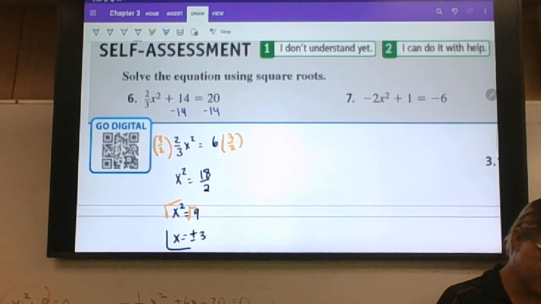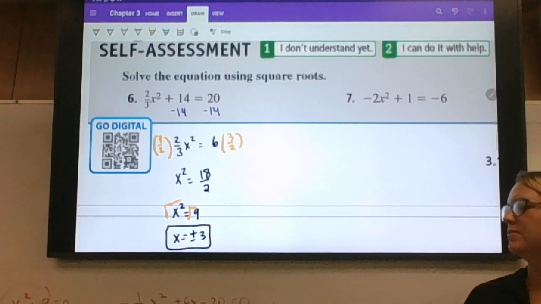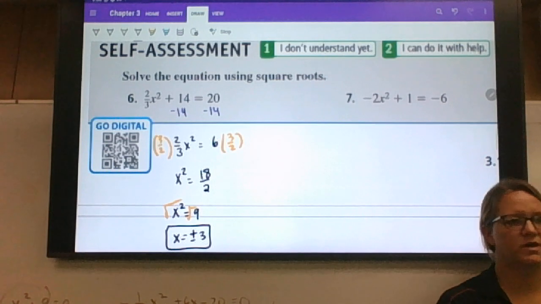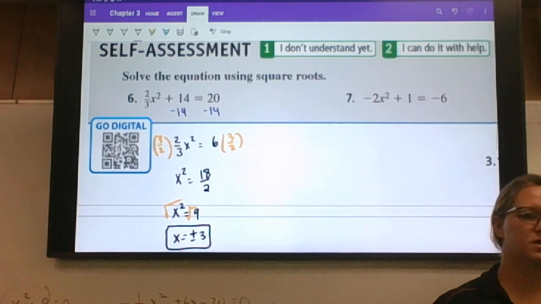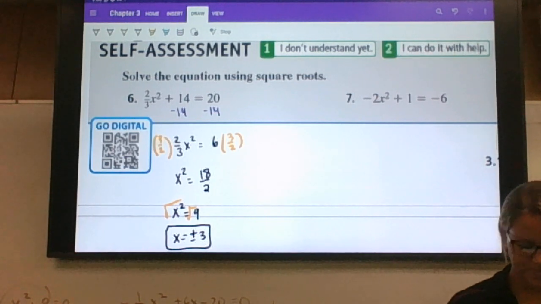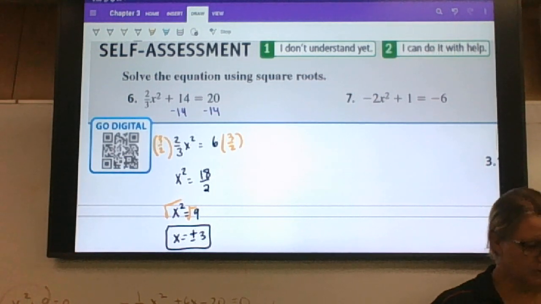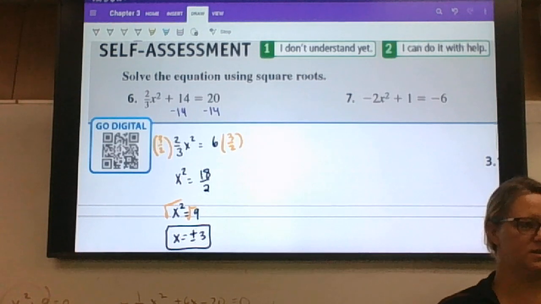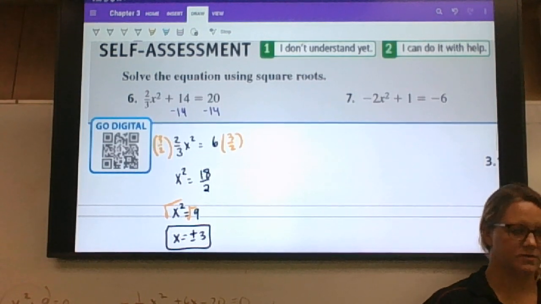Yeah, don't forget the plus and minus. I actually only give you half credit if you don't write plus and minus because you only give one answer. It's graded kind of harshly. So I'm hoping number 6 is A-okay, ready to go.